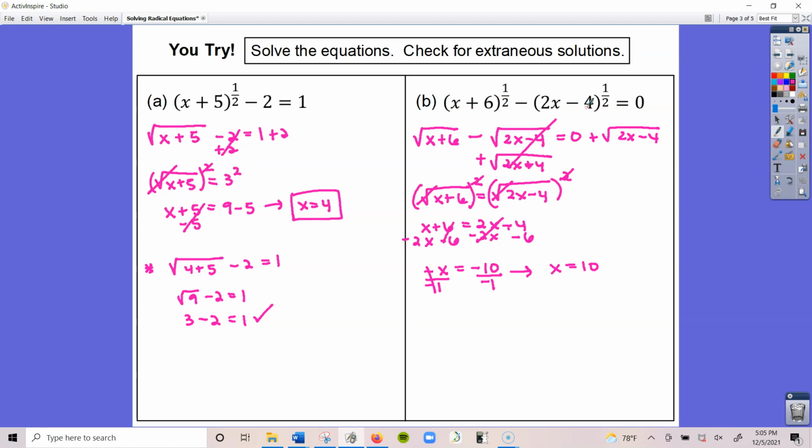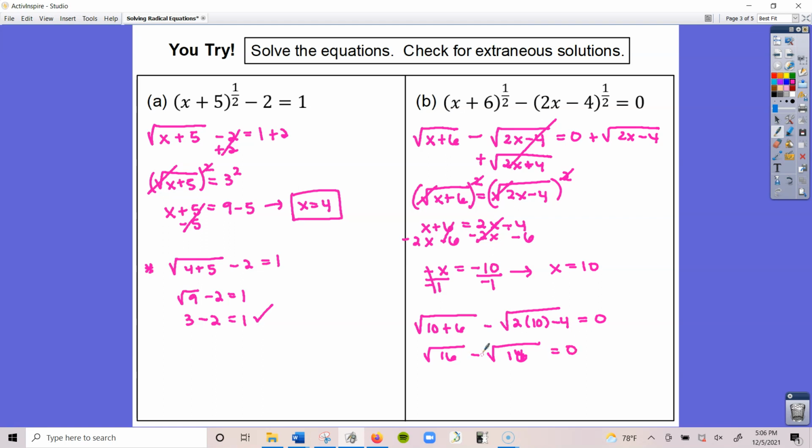Just like in this example, even though I only have one solution, I'm going to go ahead and plug it into the original equation to make sure that they are indeed equal. So the square root of 10 plus 6 minus the square root of 2 times 10 minus 4 equals 0. The square root of 10 plus 6 is the square root of 16, minus 2 times 10 is 20 minus 4 is also 16.